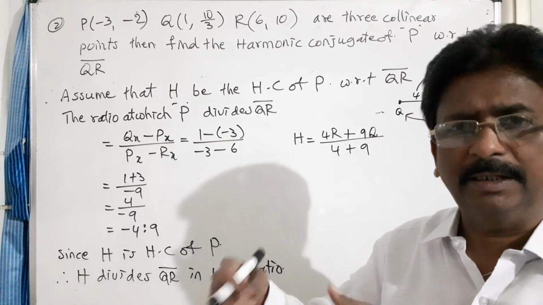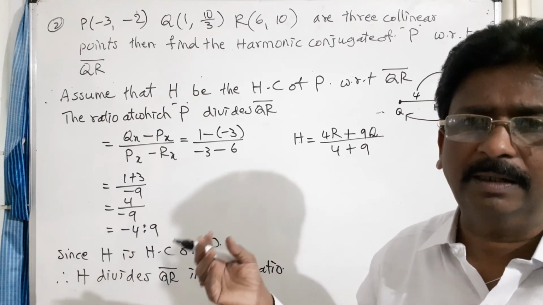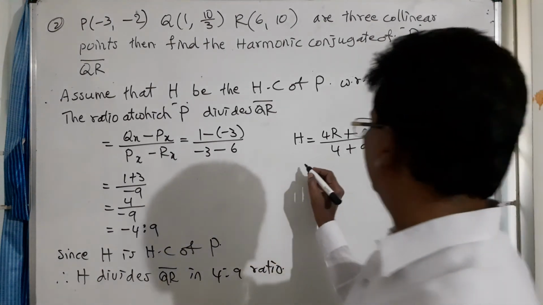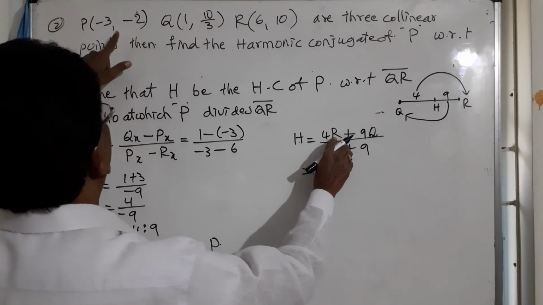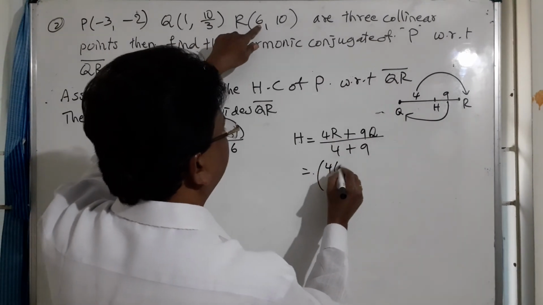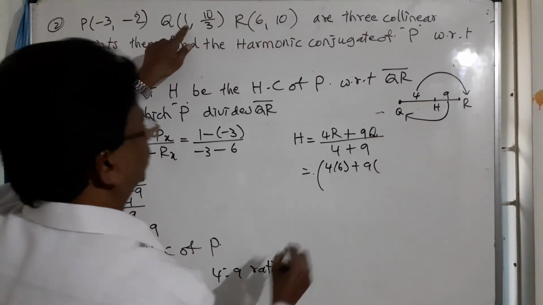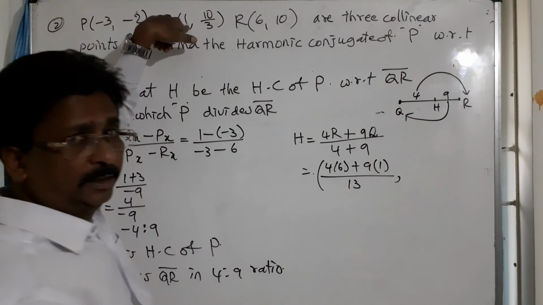And comma, again put all the y coordinates of Q and R, and we will obtain the y coordinate of H. So I will put here 4 into R, R means x coordinate of R, 6, plus 9 into Q, x coordinate 1, divided by 4 plus 9, 13.